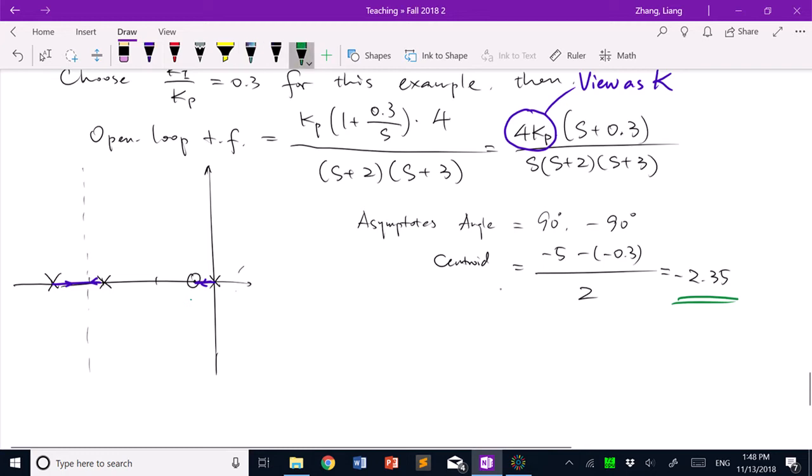One possibility is it may go like this. Or the breakaway may go from the other direction, and go like this and like this. Without calculating the position of the breakaway point, both are possible. But when it comes to control design, it's not really that important.